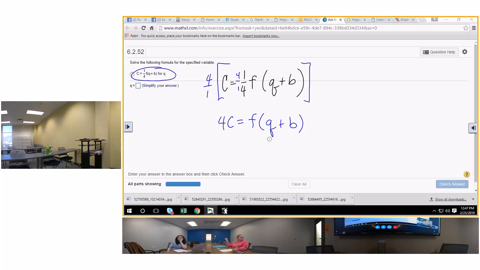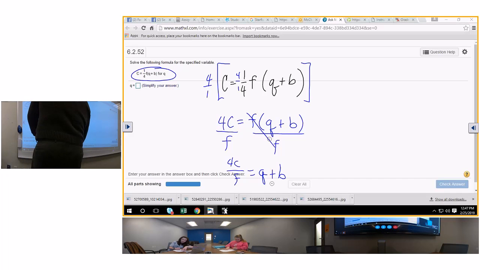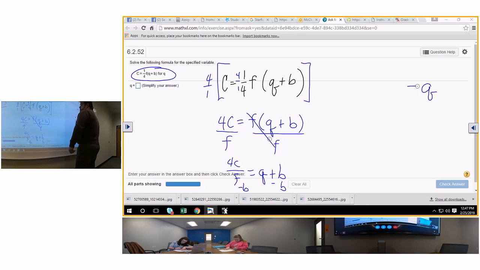You divide by F. Now you have 4C over F is equal to Q plus B. How do you get rid of adding B? You subtract B. So that's going to be Q is equal to 4C over F minus B.